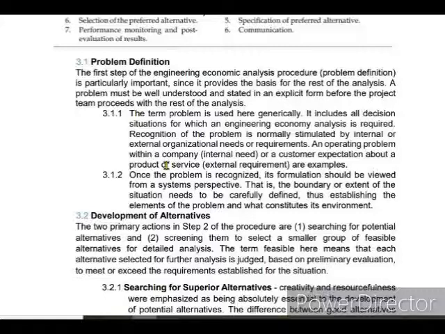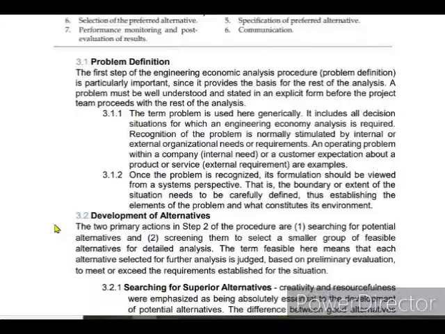So this problem may be from the internal organization that we are serving or from the outside organization. An operating problem within a company is the internal need. So operating problem belongs to internal. Or a customer expectation about a product or service, so it is external because customers are from outside of the organization. Those are the examples.